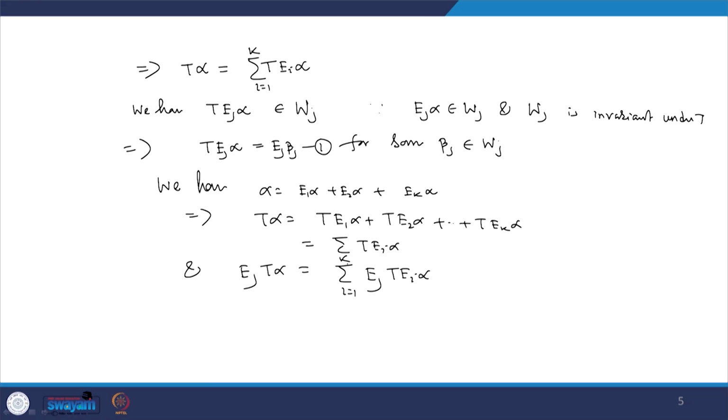So, according to our (1), this is basically equal to sigma i equal to 1 to k E_j E_i beta_i. So, this implies that E_j T alpha will be equal to E_j beta_j.